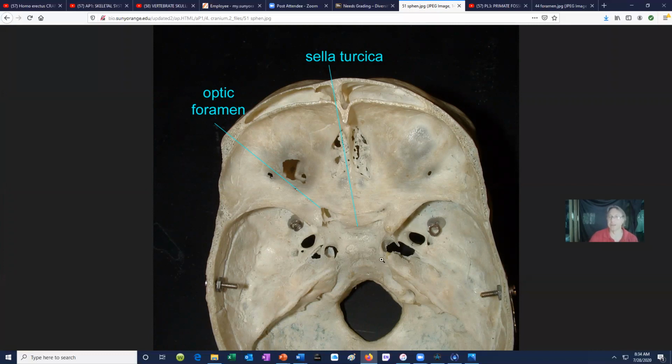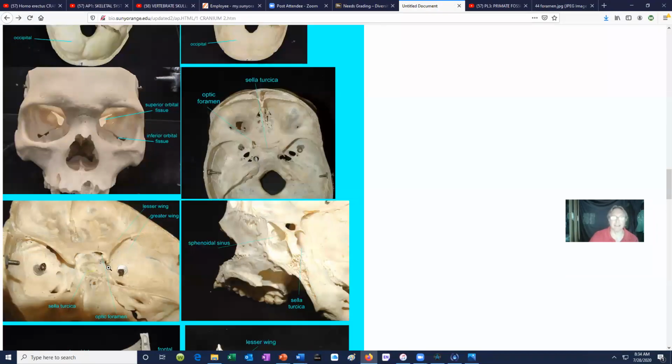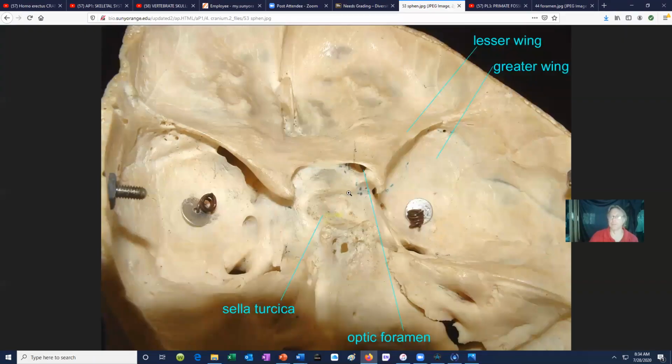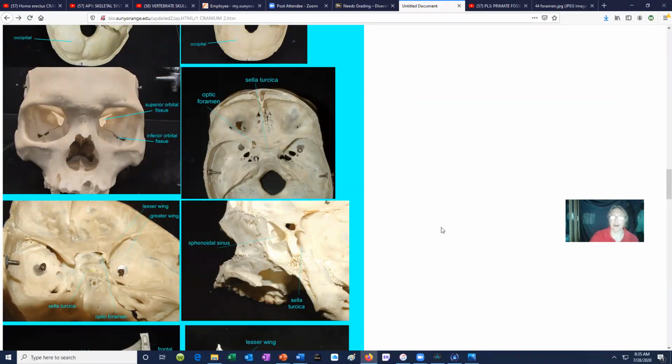So here is the sphenoid bone, and in the center, the sella turcica and the optic foramina are important.